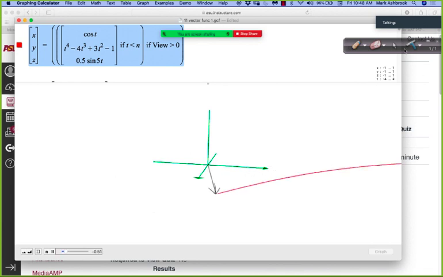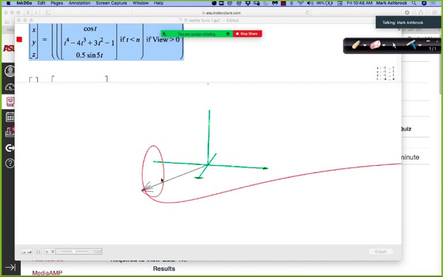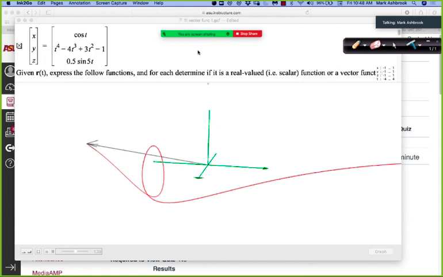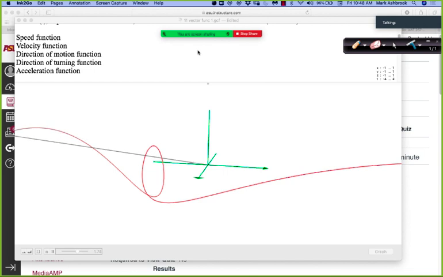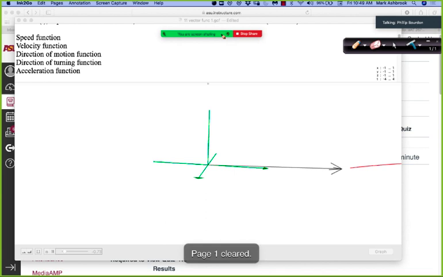Okay, and so then we said the most common application of this was like position, like this vector is a position function. And so then what would the velocity function be? So if this is position, velocity would be the derivative of the position function.